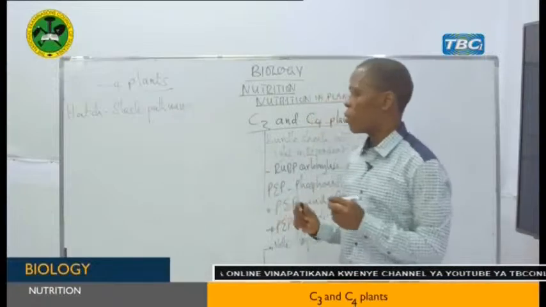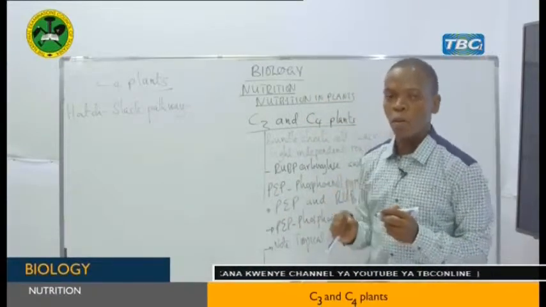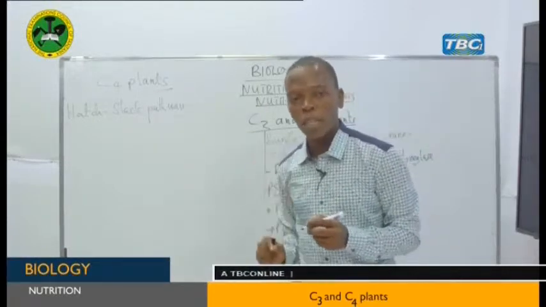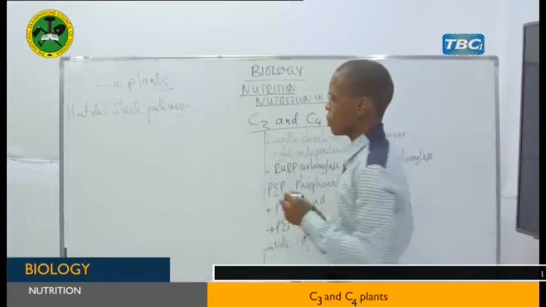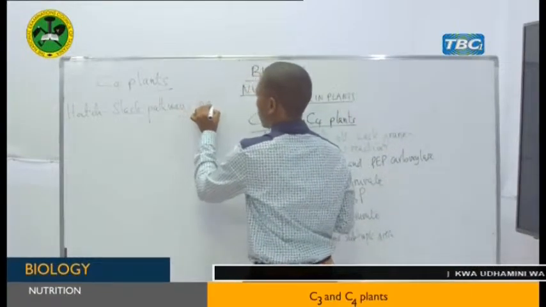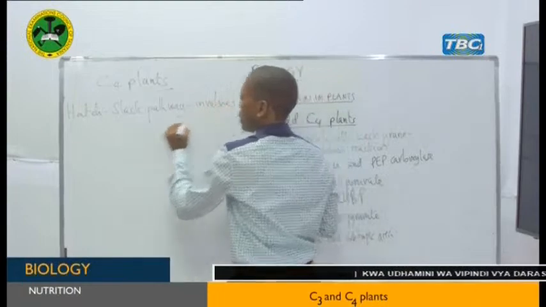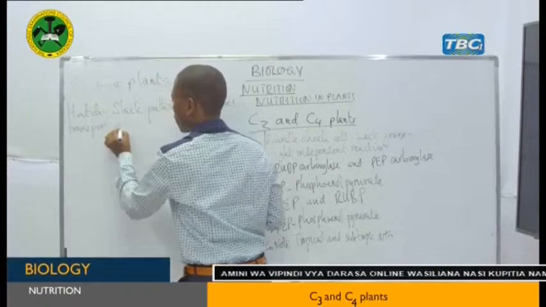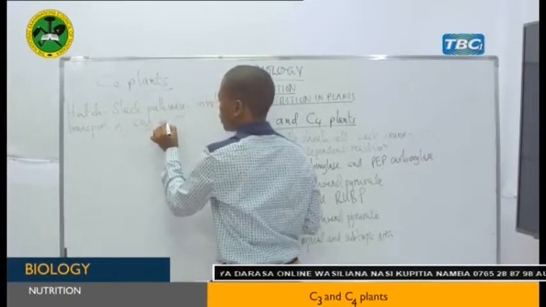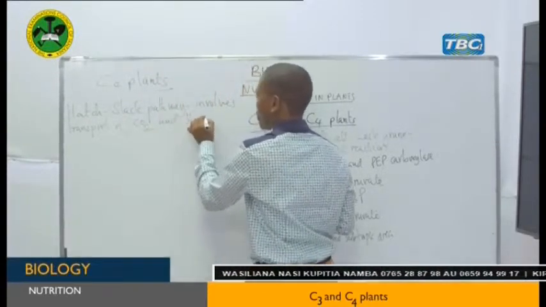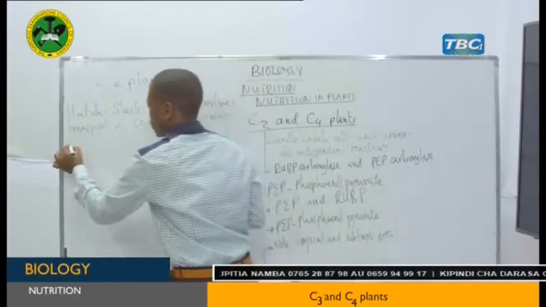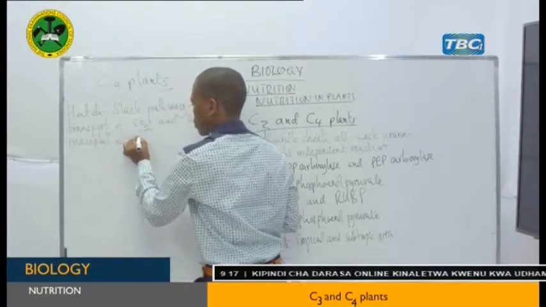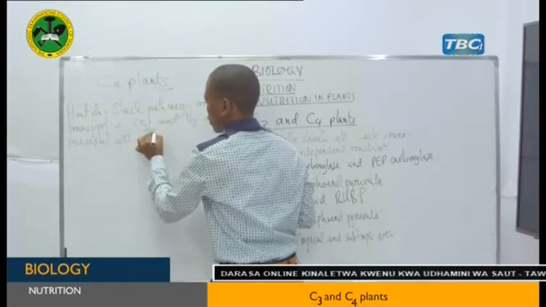When we are talking about this pathway, we are talking about a pathway which involves transport of carbon dioxide and hydrogens from mesophyll cells to the bundle sheath cells.